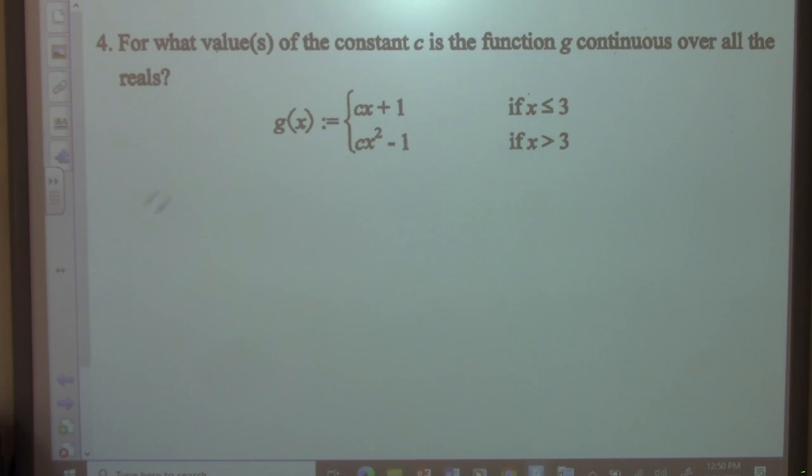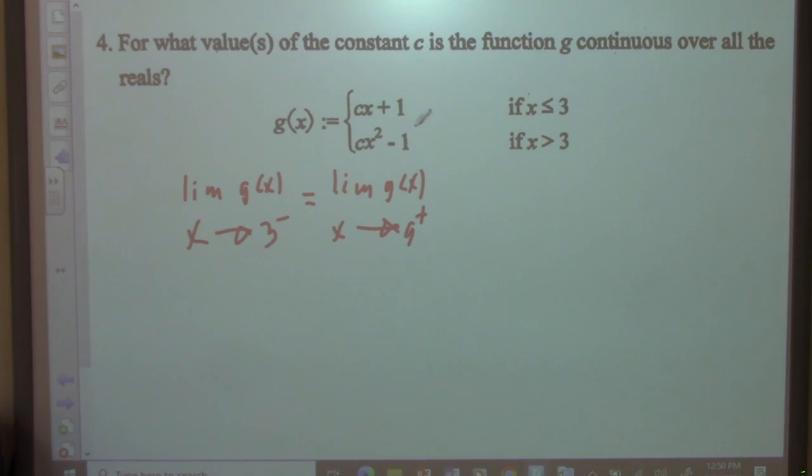So you know it's going to exist because this is the left side, so you've got to find where the limit is. So you've got to deal with condition 2. We put the limit as x approaches 3 from the left side of g of x equals the limit as x approaches 3 from the right side of g of x.